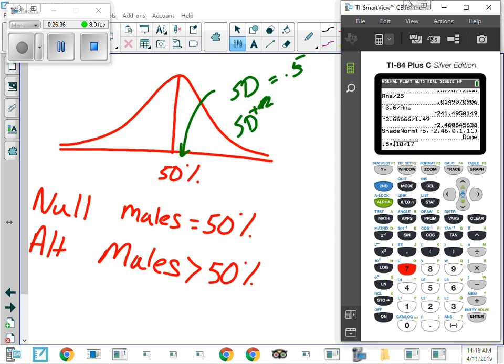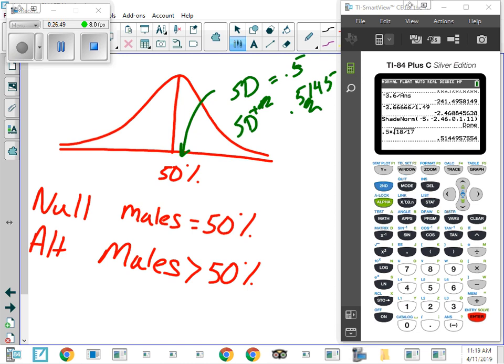And all that's going to do is make my 0.5 a little bit bigger. So my SD plus is 0.5145. I made it a little bit bigger just to be safe.